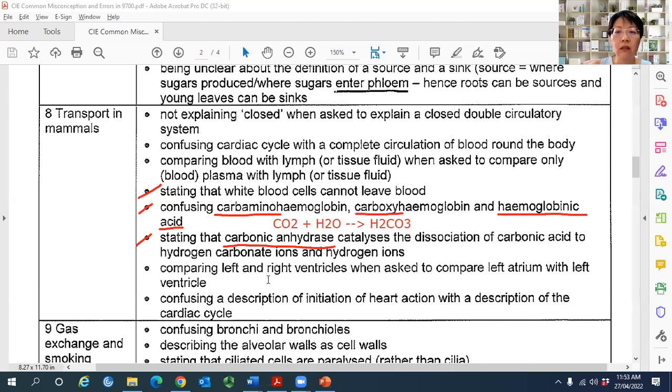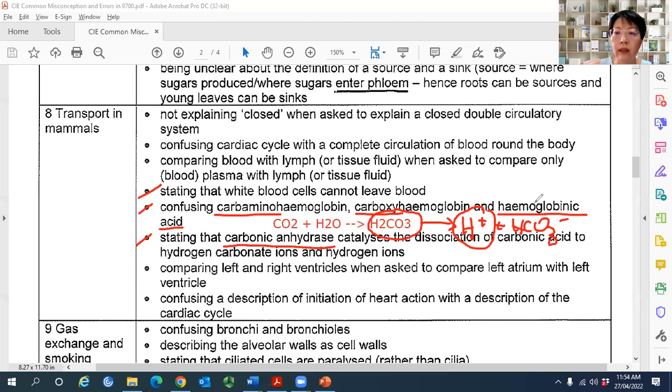So it does not catalyze the dissociation. After this is formed, it will automatically dissociate to H plus and HCO3 negative, right? And this H plus, because it's acidic, it has to be carried by the hemoglobin. So when hemoglobin carries H plus, it becomes hemoglobinic acid.